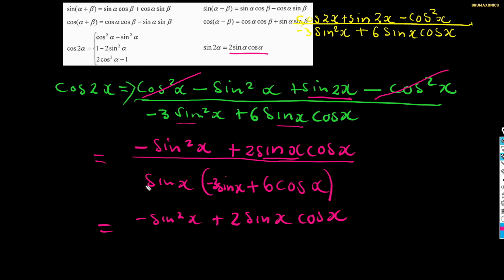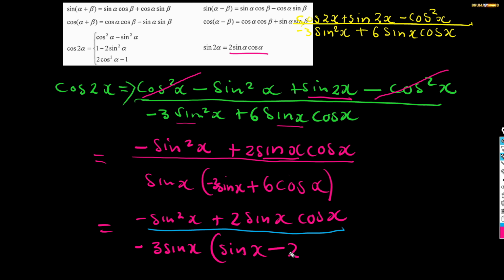So I just want to also underline this part and try to revert back to that column. This will be negative 3 sine x, right, into negative out, and then we're going to have sine x, and then this, for it to be positive, we have to make it negative 2, so that when we multiply it will be positive 6, and then we have cos x, right?